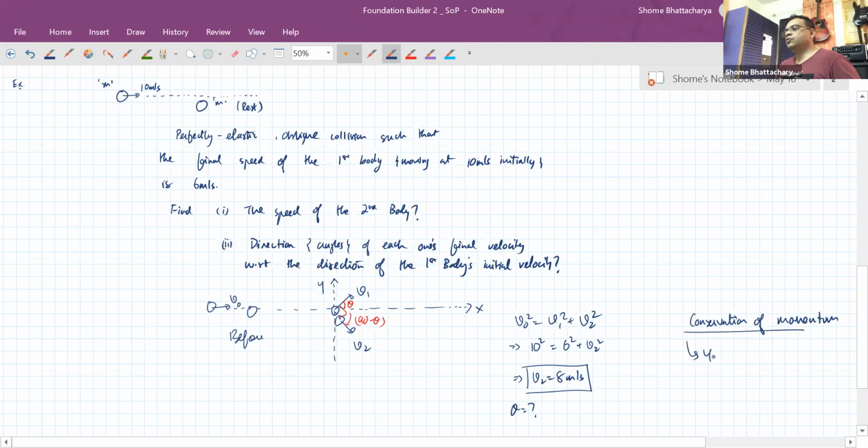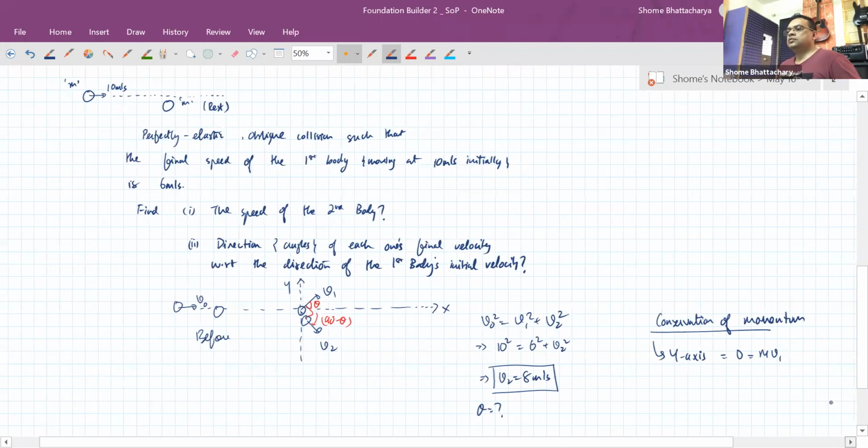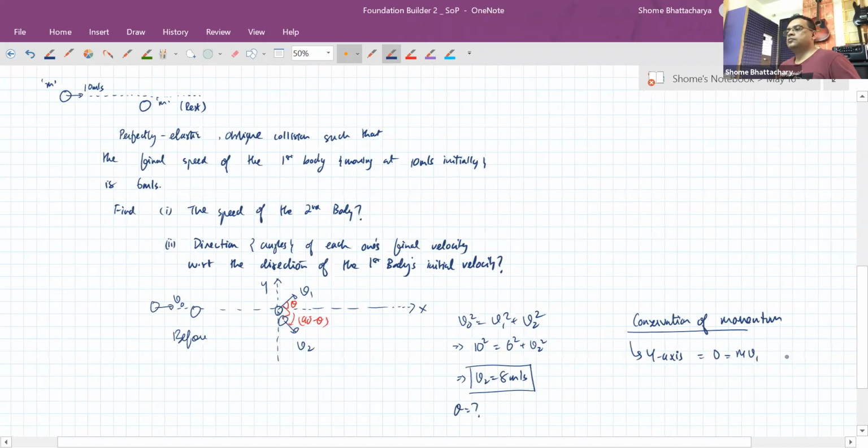When you apply this along the y-axis, you get 0 equals m v1 sine theta minus m v2 sine of 90 minus theta. So we get v1 sine theta equals v2 cos theta. Now v1 was 6 and v2 we just saw is 8.